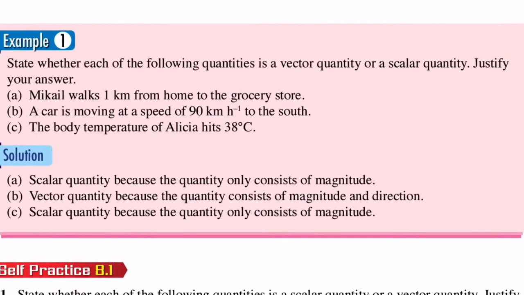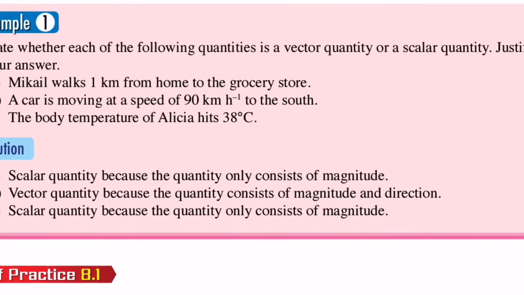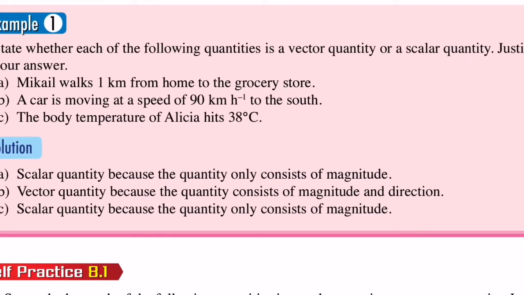Okay, now we will see example 1. State whether each of the following quantities is a vector quantity or a scalar quantity. Justify your answer. So, number 1. Mikhail walks 1 kilometer from home to the grocery store. This is a scalar quantity because the quantity only consists of magnitude.